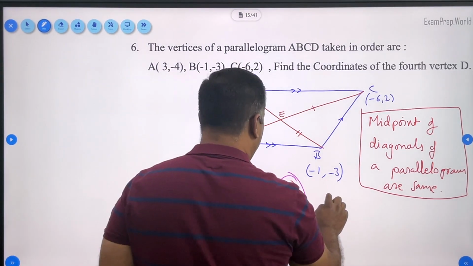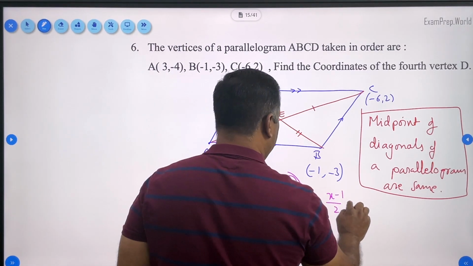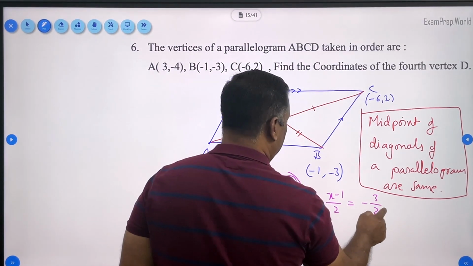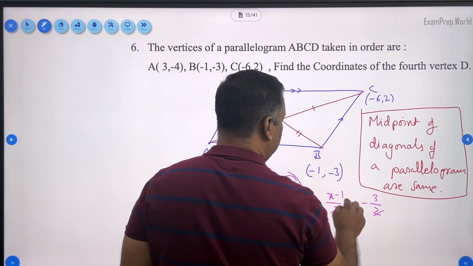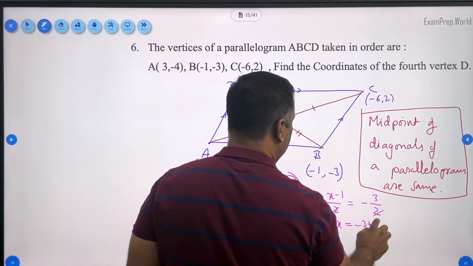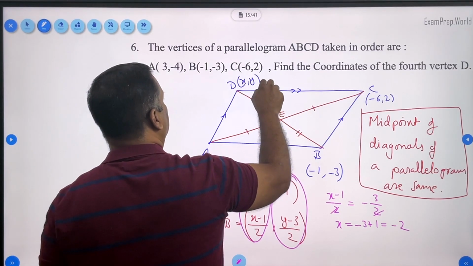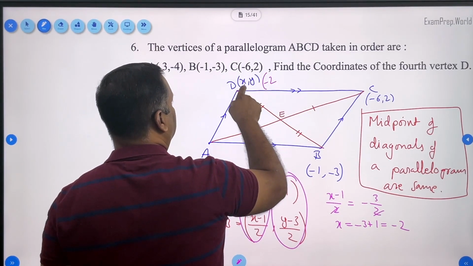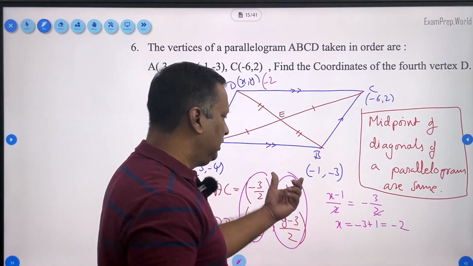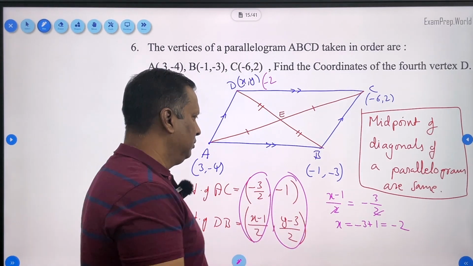Let's do it here. X minus 1 by 2 equals -3 by 2. 2 cancel. X equals -3 plus 1, which is -2. So we got this value as -2. Now let's calculate y.